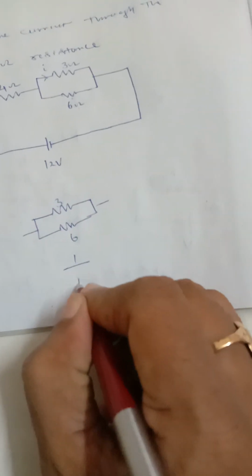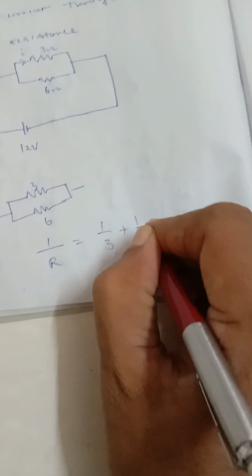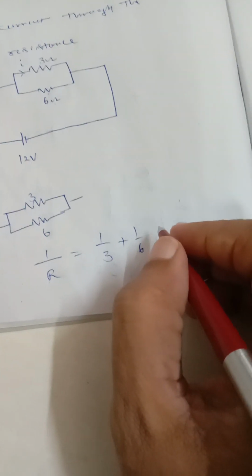Therefore, find the equivalent resistance of 3 ohms and 6 ohms. 1 by R is equal to 1 by 3 plus 1 by 6.